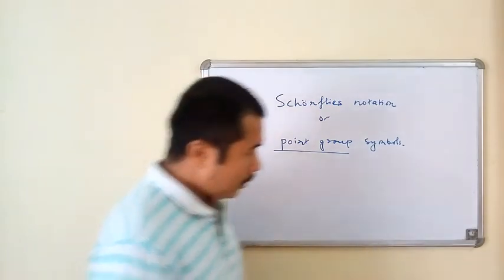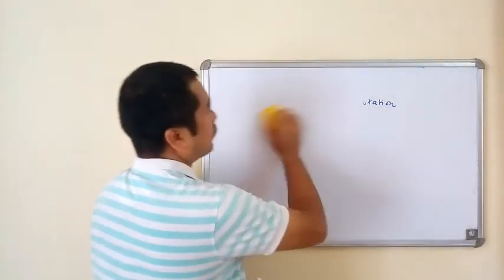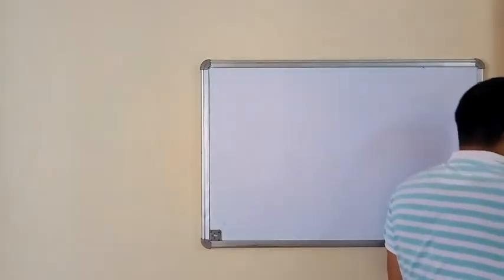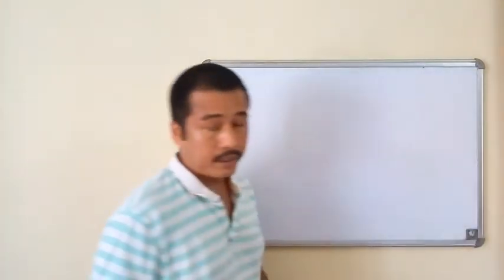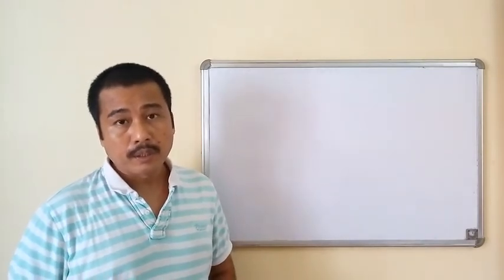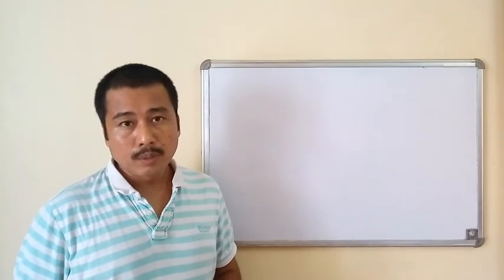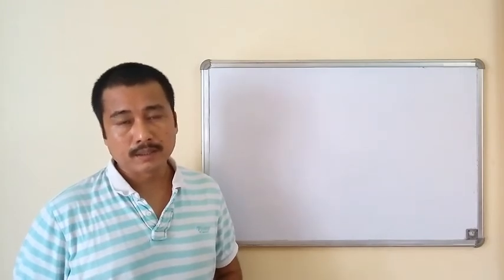Now, we will begin this exercise to find out the kind of point groups that are formed by different classes of symmetry or different collections of symmetry operations by starting with molecules where only one type of element of symmetry is present.